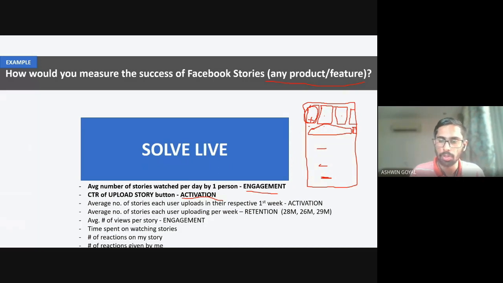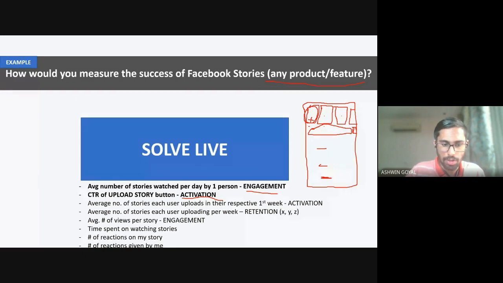So here what we do is we create a retention cohort. We do a cohort analysis, and we look at, let's say, there were X number of people. Out of them, how many came back in the first week? That is Y. And out of those Y people who came back in the second week, how many came back for the third week? That is Z. So we create these retention cohorts.